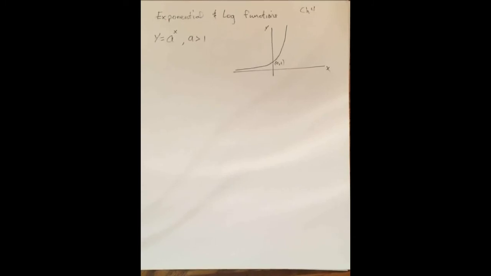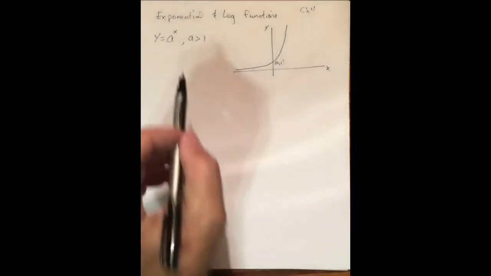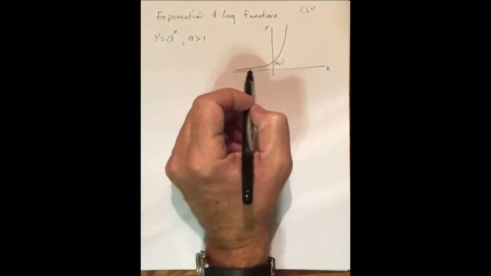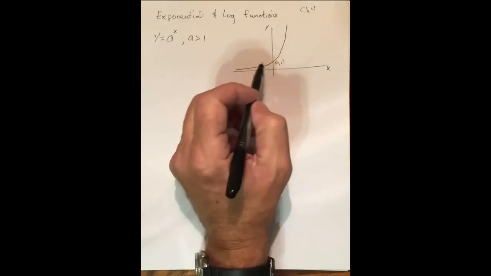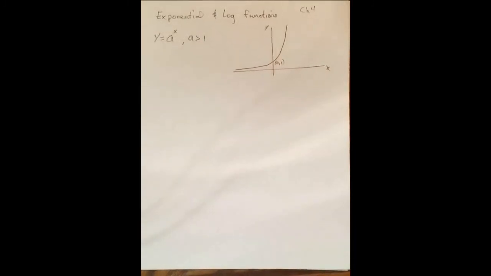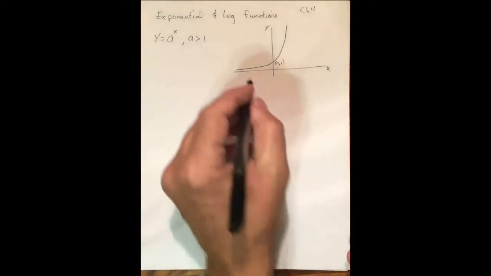Okay, we began with the general exponential function base a, where a is anything greater than 1. They all have this shape, whether it's 2 to the x, e to the x, 10 to the x, 100 to the x. They all have that same shape. Now, what do we know?